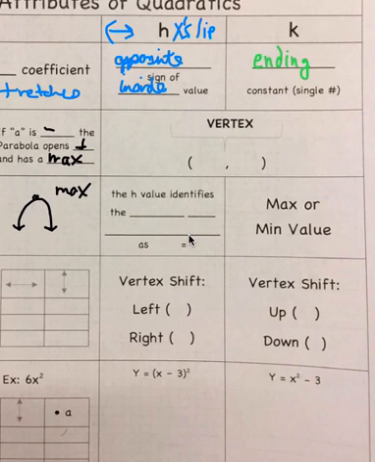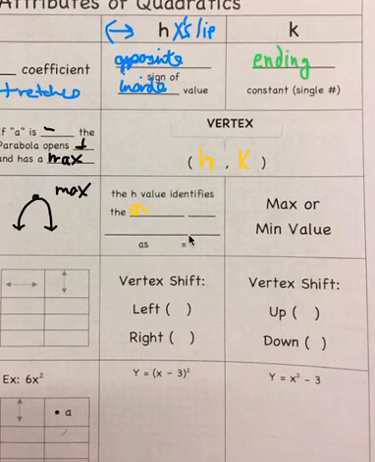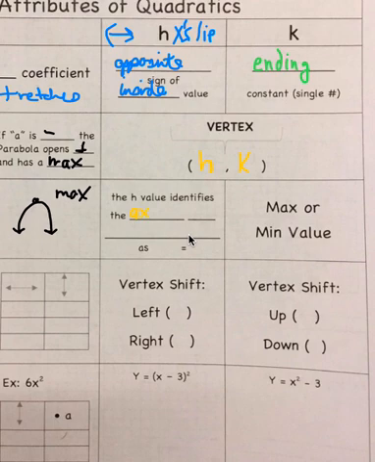Our vertex is always at h, k as our coordinates. And our h, so think of it as the x value of the vertex, always identifies your axis of symmetry, as x equals h.